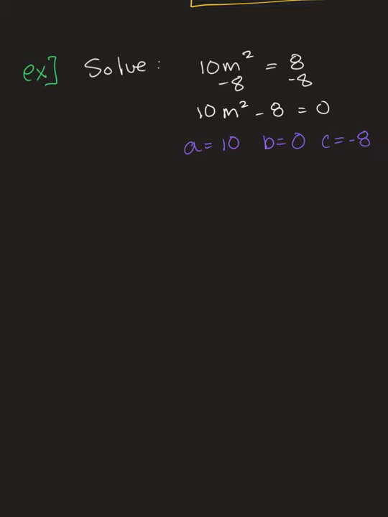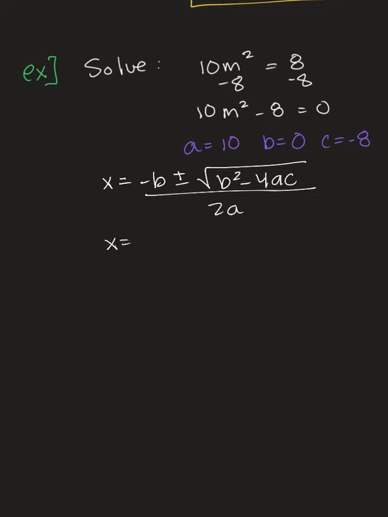Okay, and then if you recall the quadratic formula, negative b plus or minus the square root, b squared minus 4ac all over 2a. We're just going to take our a, our b, our c values and plug it into the formula. So we get negative 0 plus or minus the square root of 0 squared minus 4 times 10 times negative 8 all over 2 times 10.